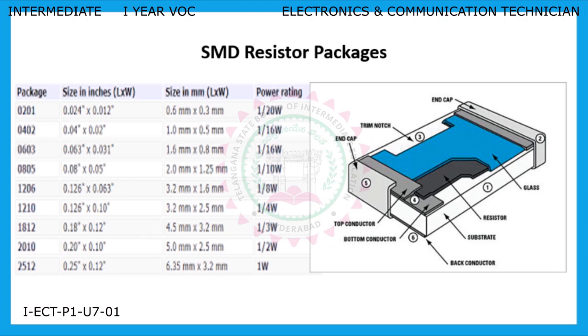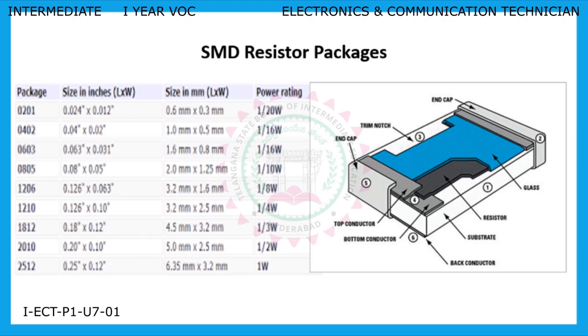In the following image, you can see the cross section of the SMD resistor package. It has the parts of the package like this: resistor cell, glass, substrate, back conductor, bottom conductor, top conductor, end caps, trim notch, substrate.